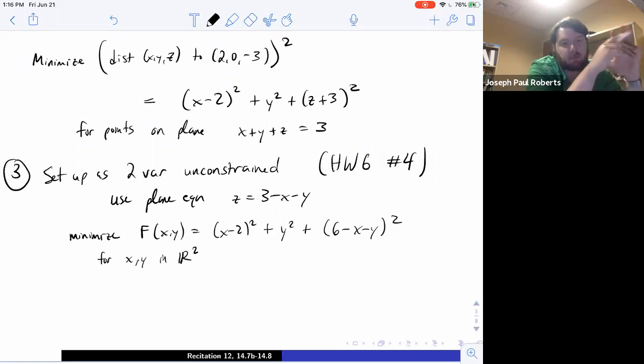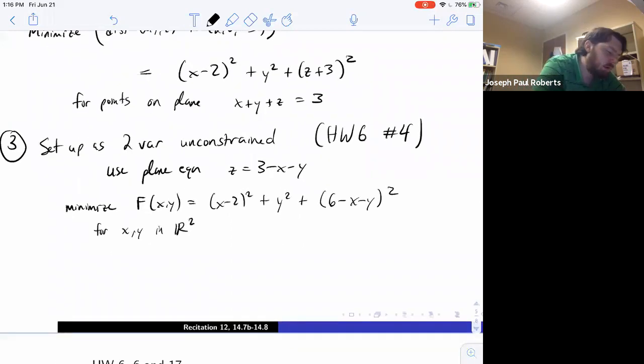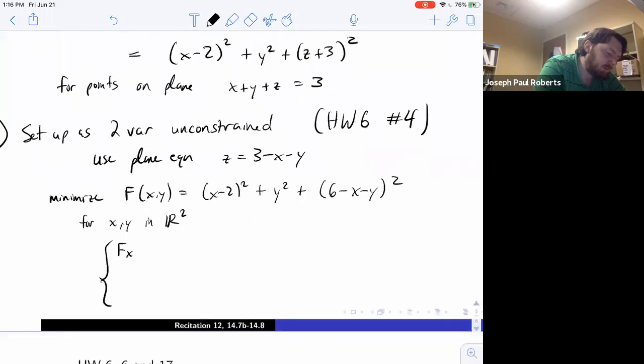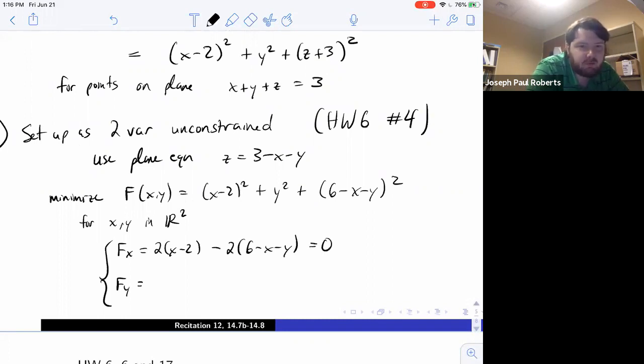The plane goes on forever, any x and y value in R2 is fair game for the domain for this optimization. And so for unconstrained optimization, you're setting the x and y partials both equal to 0.